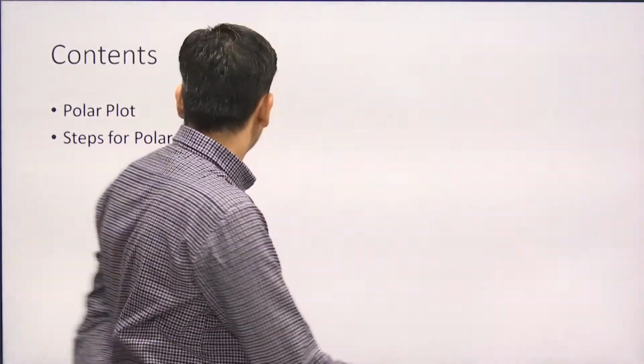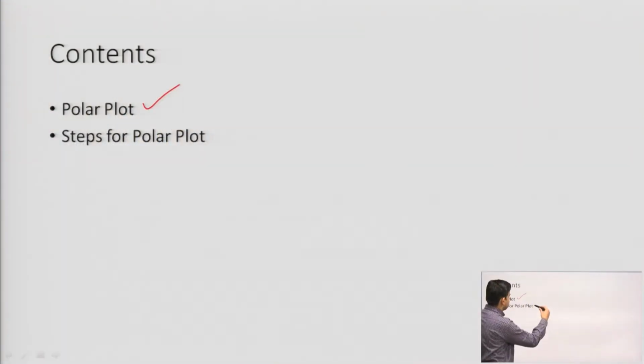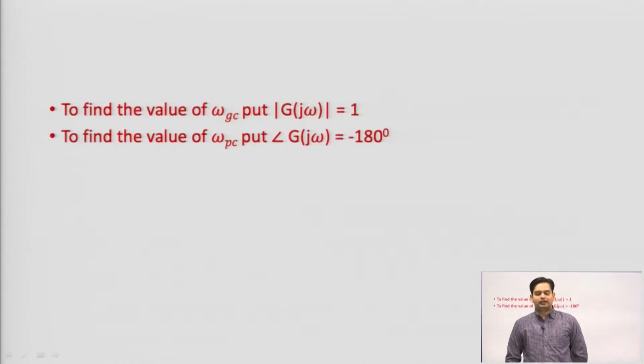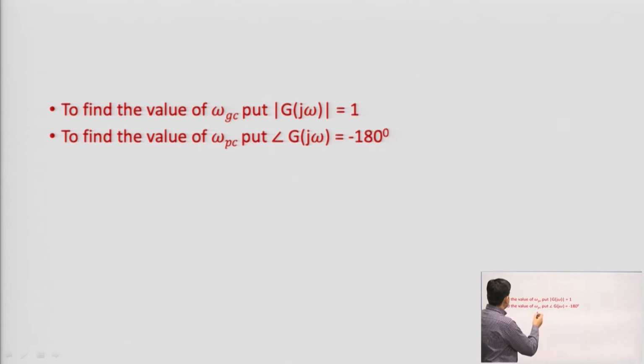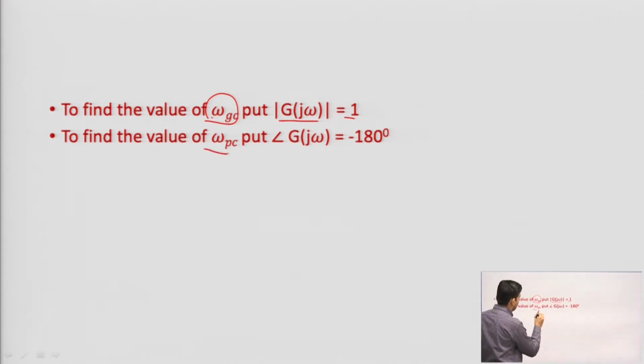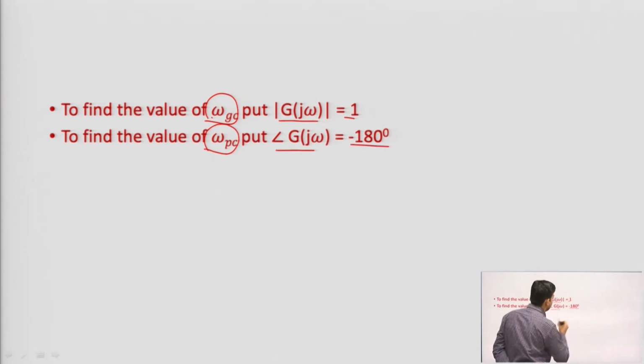In today's session we will discuss the polar plot, and then we will see the basic steps involved in the design of a polar plot. In the last session we discussed that to find the value of omega GC, that is the gain crossover frequency, we need to put mod of G(j omega) equal to 1, and to determine the value of omega PC, we have to put the angle equal to minus 180.